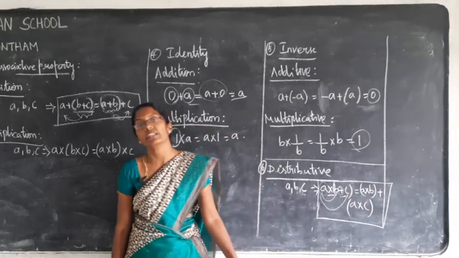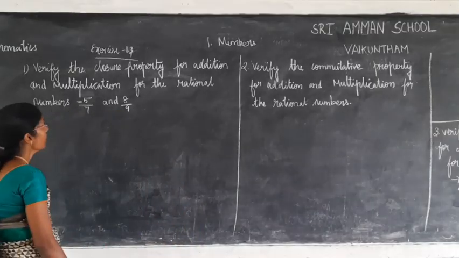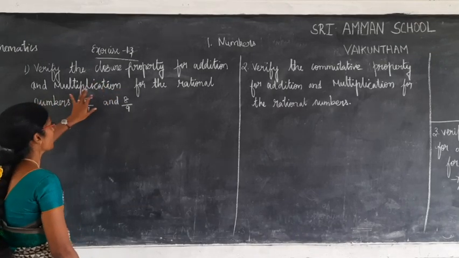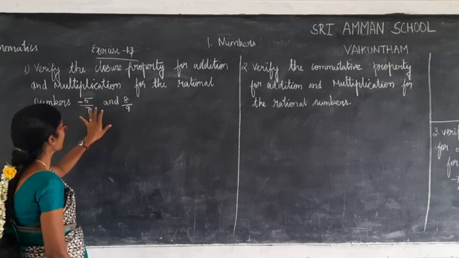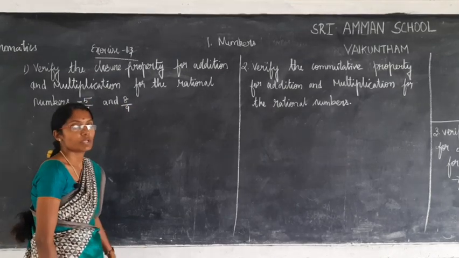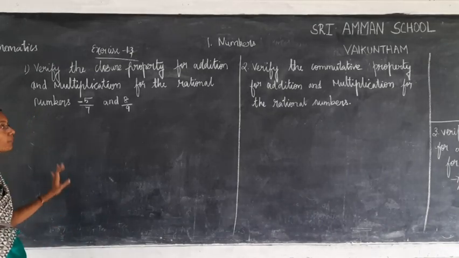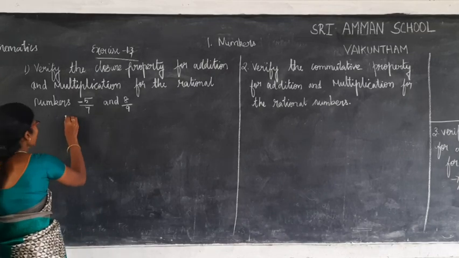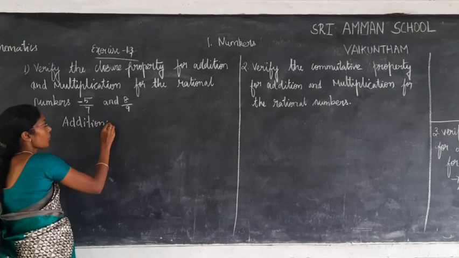So let us move on to the exercise problems. Next one, the exercise problem. Listen here. Verify the closure property for addition and multiplication for the rational numbers minus 5 by 7 and 8 by 9. Okay. So we have to verify the closure property for both addition and multiplication. First we can solve the addition. What is the closure property?